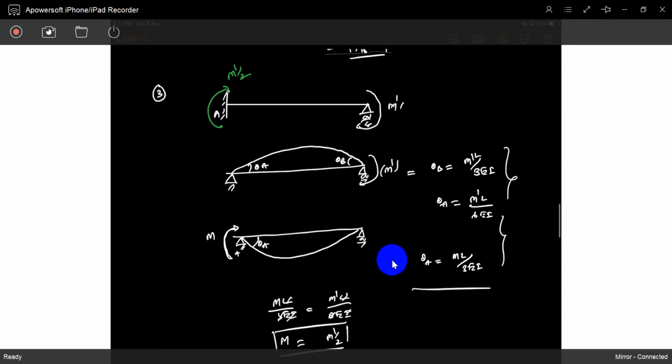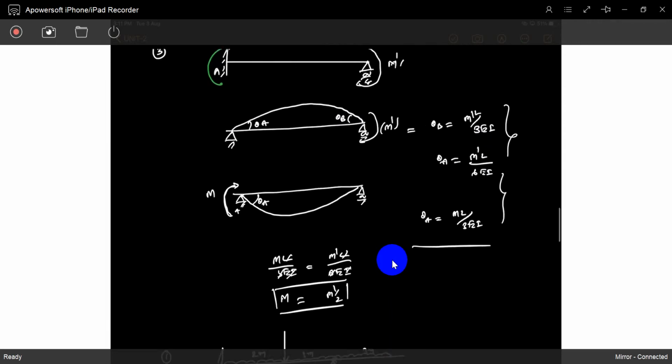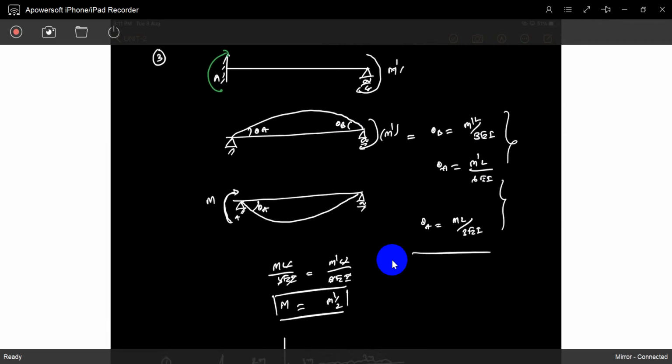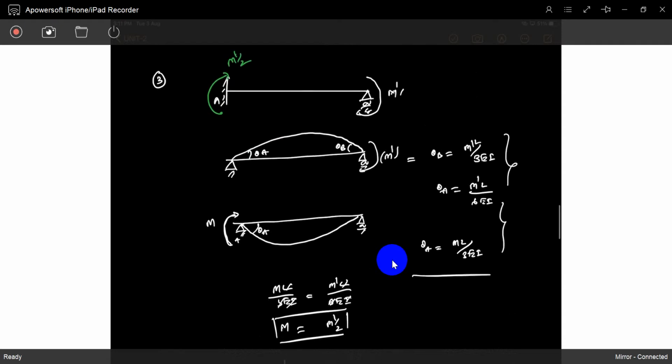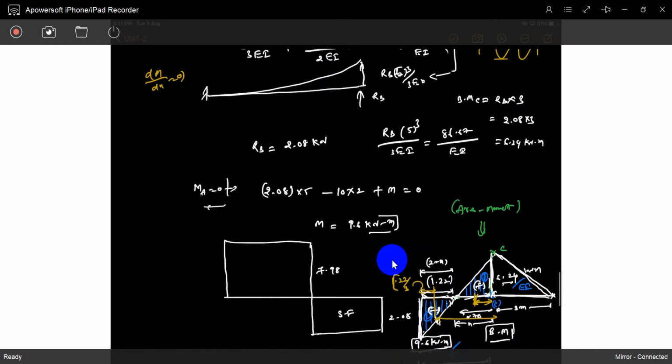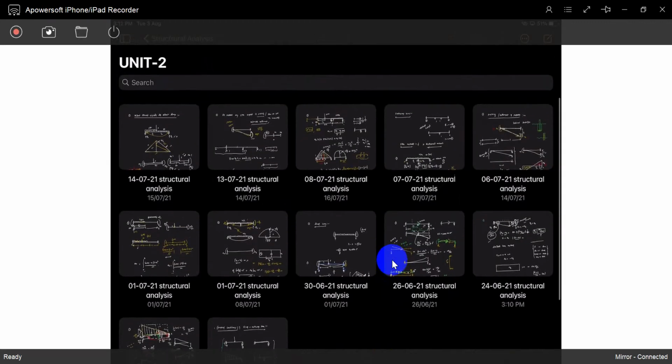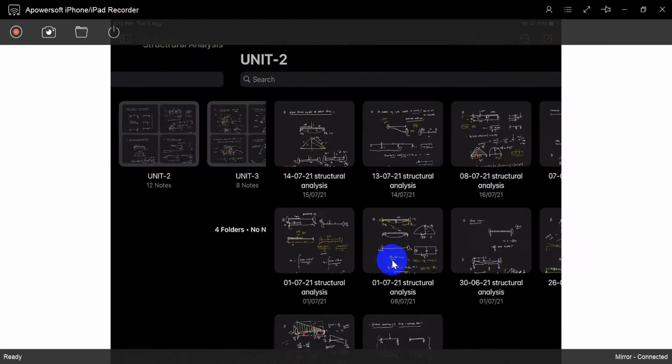You can just check where it is, otherwise you can easily find it out.